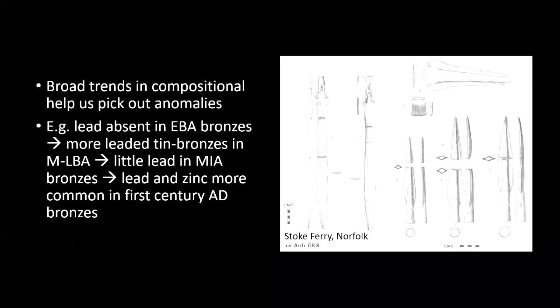To take lead as an example, we know that lead is absent in early Bronze Age bronzes. It becomes a more regular addition in the Middle to Late Bronze Age. There's little lead in Middle Iron Age bronzes, but by the 1st century AD, more lead and zinc is added again. These are very sweeping suggestions.